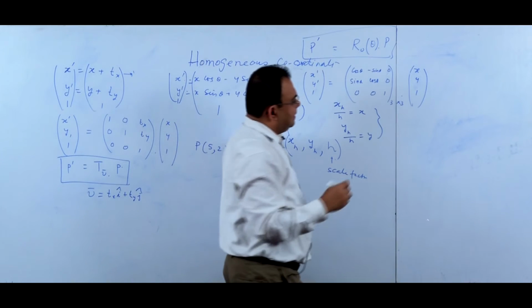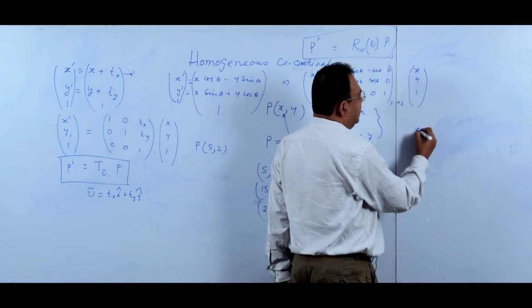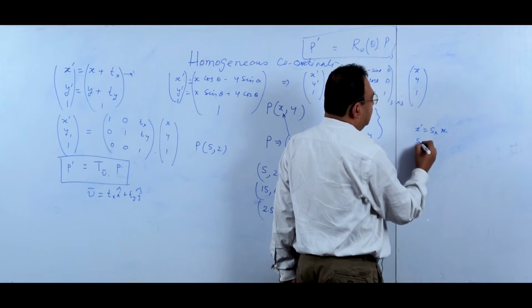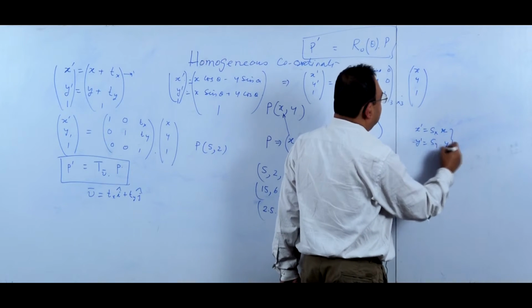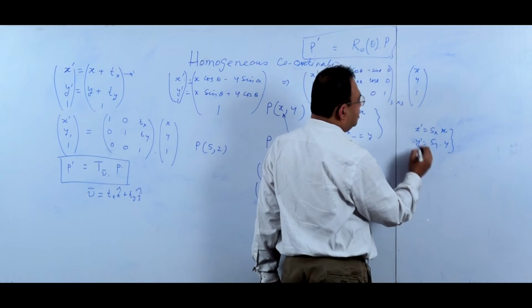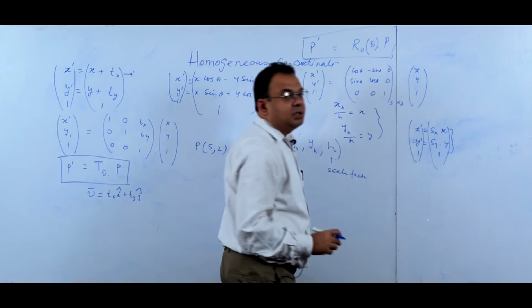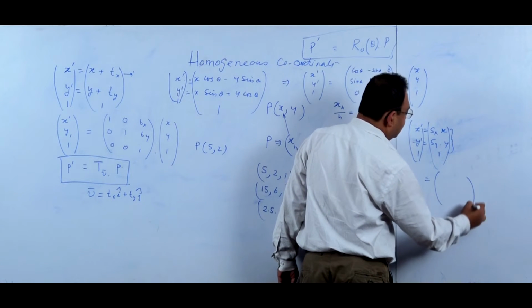In case of scaling, recall the scaling transformation equations: x dash is equal to sx into x, and y dash is equal to sy into y. We are representing this in the homogeneous system as this. We can write this as a multiplication of two matrices.